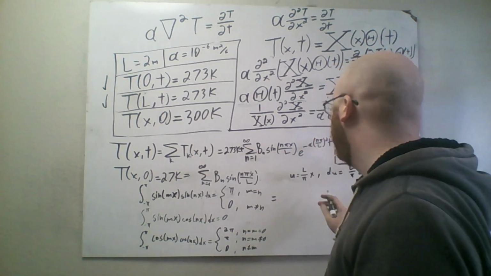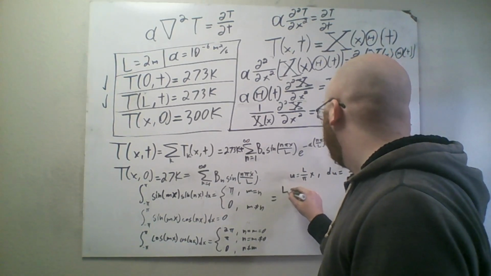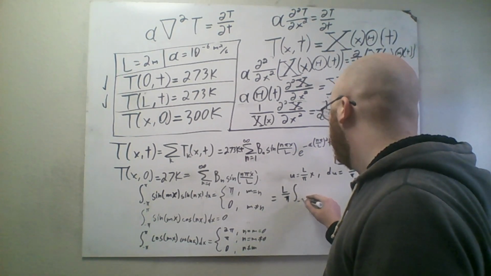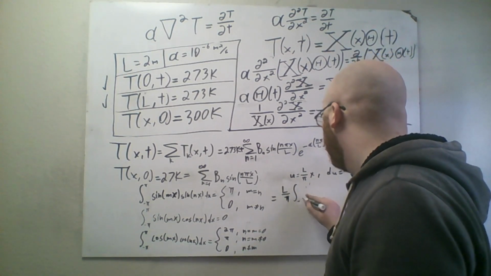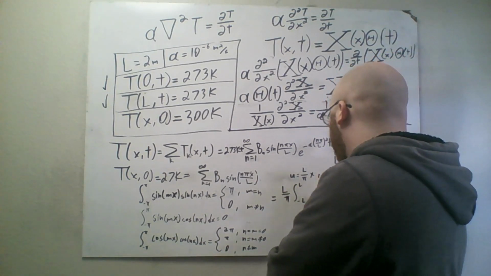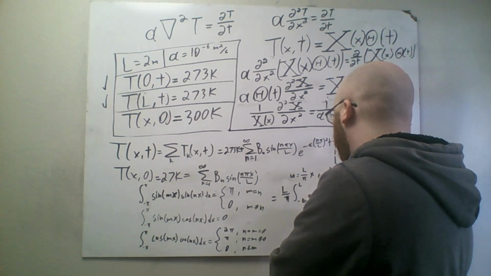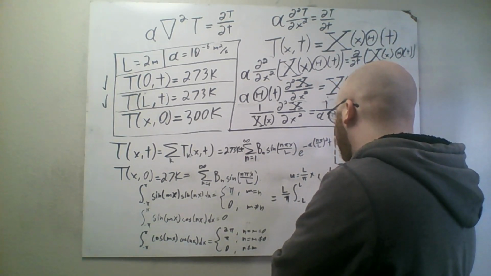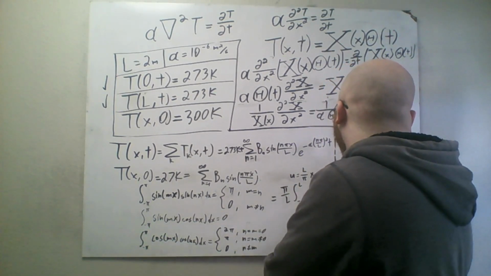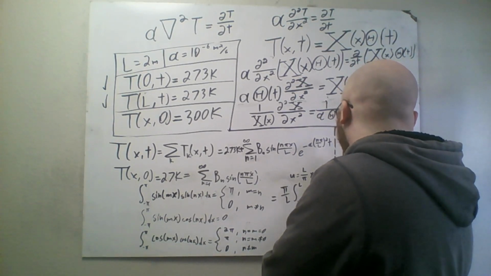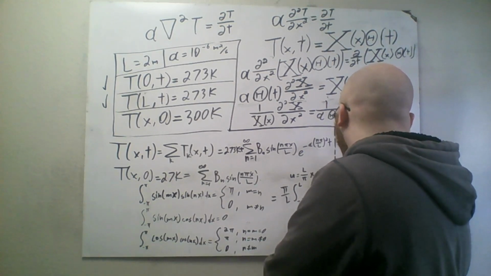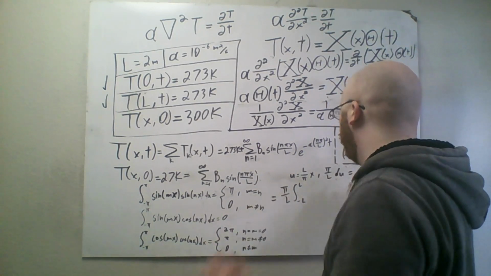So plugging that in, this becomes L over pi, integral from negative L to L. Let's see. Make sure I'm doing everything right. Pi over L. Whoops. Sorry, it's kind of a weird substitution.